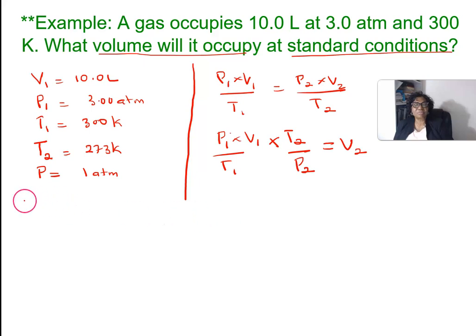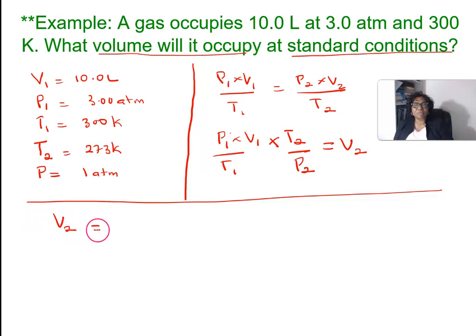So now let's substitute. V2 equals, what's our P1? P1 is 3.00 atmosphere. Times what's our V1? V1 is 10.0 liters. What's our T2? Our T2 is 273 Kelvin.